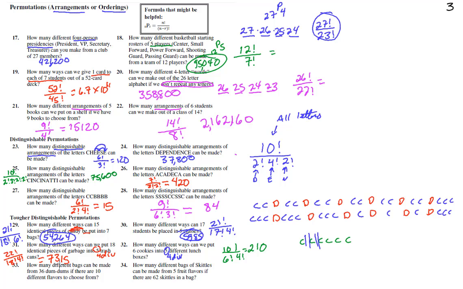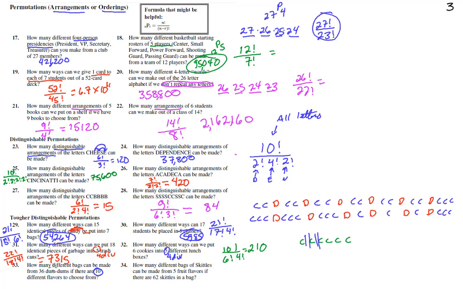Let's look at it. If you have a bag that has 36 Dum-Dums, and you label each one of these flavors, grape, vanilla, whatever, those are the number of bins, if you think about it, or number of slots, or number of categories that we're putting these into.